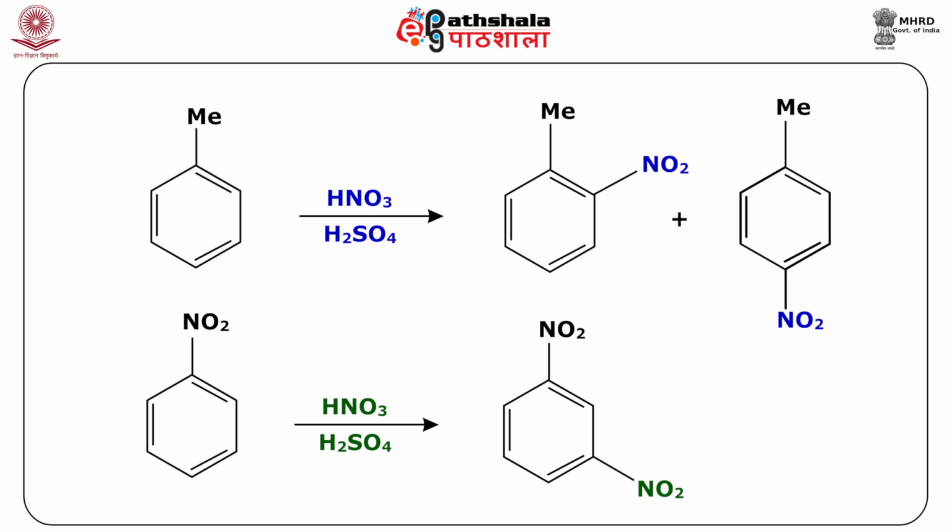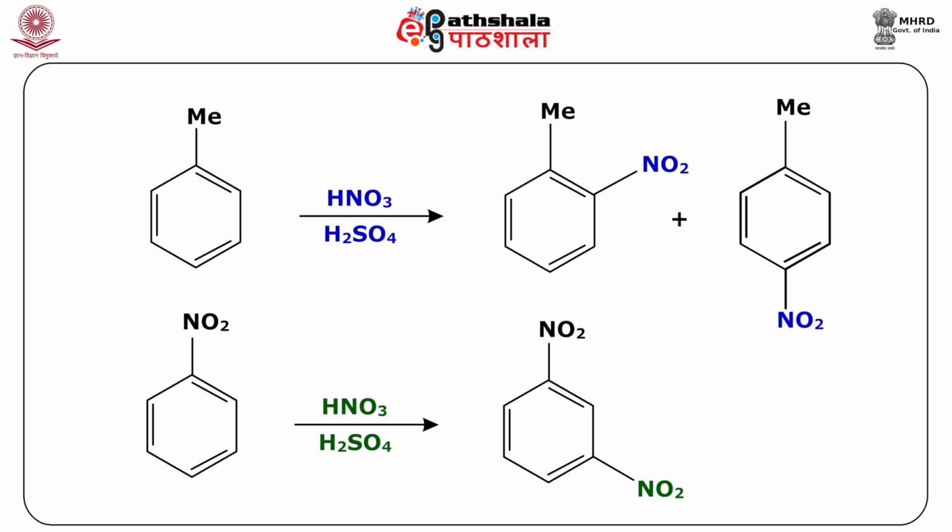However, the nitration of nitrobenzene gives you only meta-dinitrobenzene. Now, as can be seen here, toluene has given a mixture of ortho and para substituted nitro products, while nitrobenzene gives meta-dinitrobenzene. The rate of the latter reaction is very slow as compared to the former one.